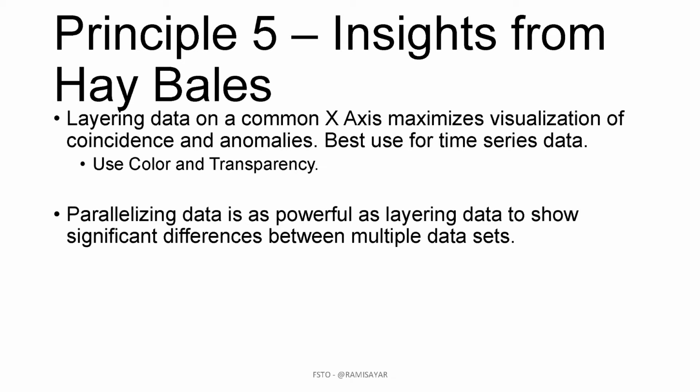Here are some ways you could do that. Layering data that have a common x-axis can maximize visualization of coincidences and anomalies, and this is really useful for time series data. That's when you layer data on top of each other. Parallelizing data is very powerful when you're trying to show big differences between multiple data sets.